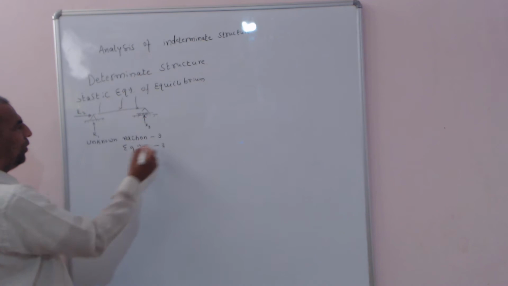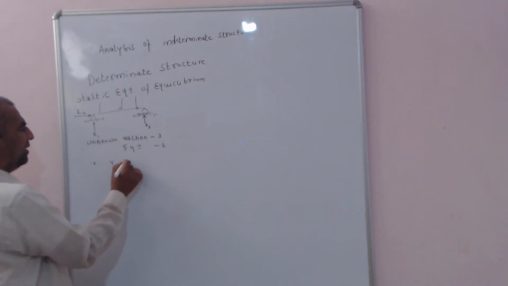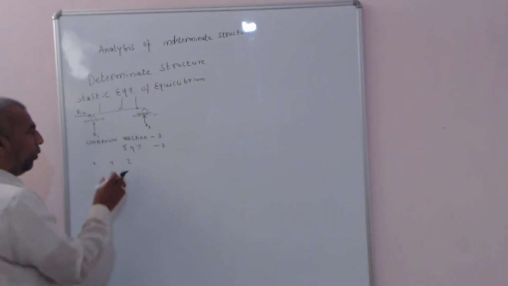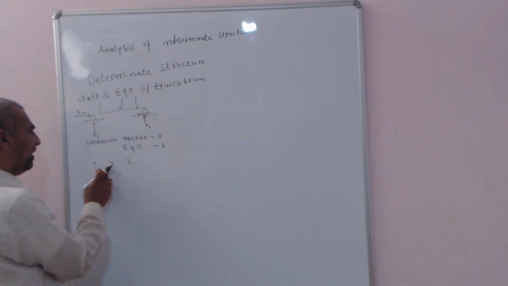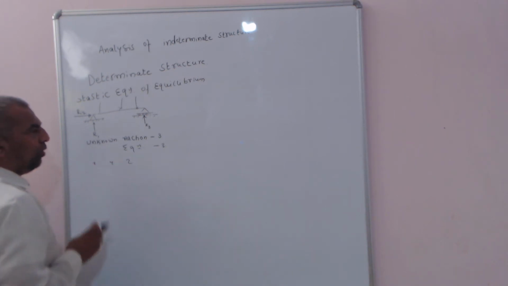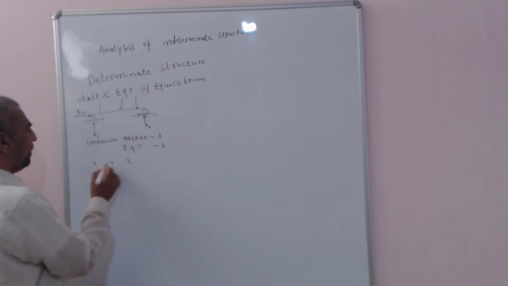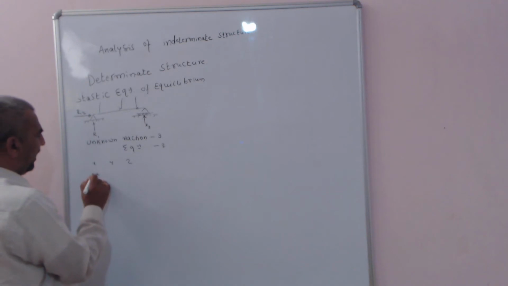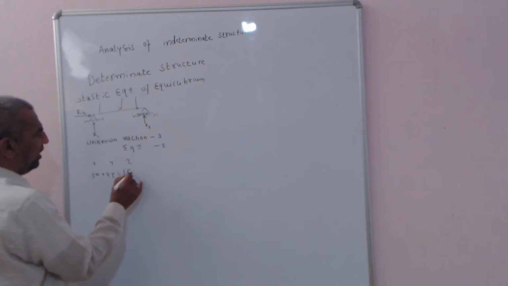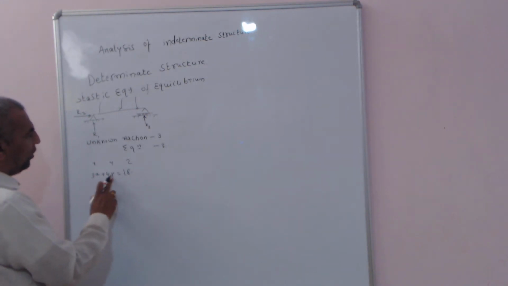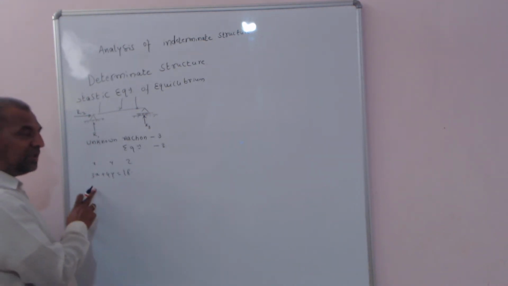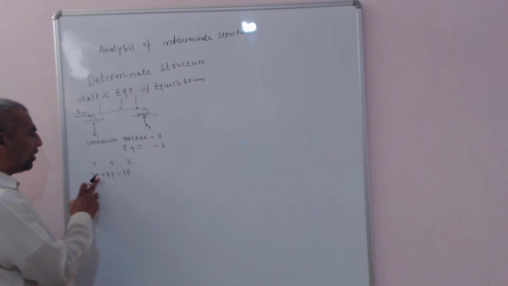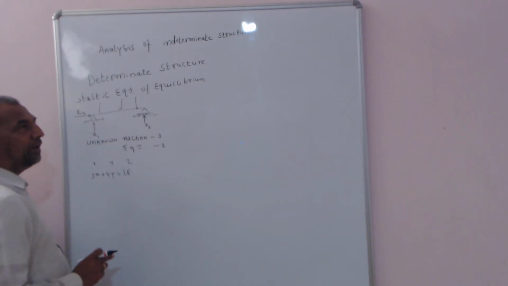As the number of unknowns is 3, x, y, z are unknown. How many equations are needed connecting x, y, z to solve the value of x, y, z? 3 equations are needed. For example, if you are having only 2 unknowns, x and y, and you are having the equation 3x plus 4y is equal to 18, and you ask me to get the value of x and y, equation is 1, unknowns are 2, you cannot determine it.